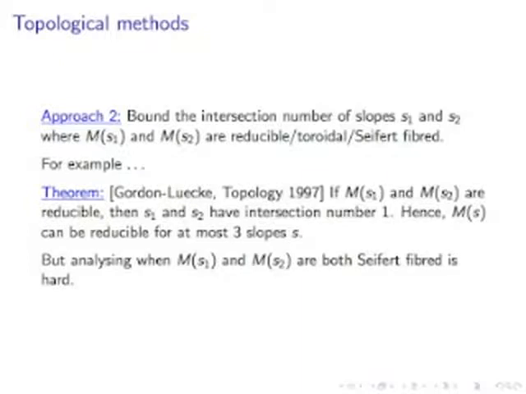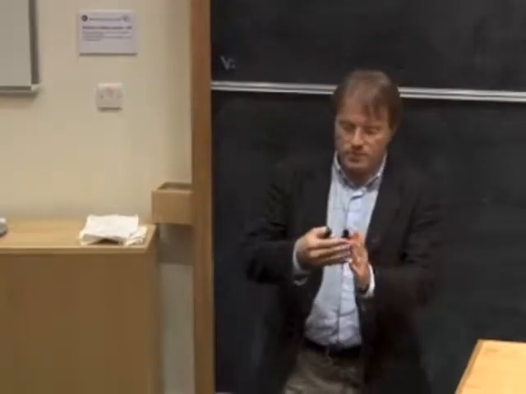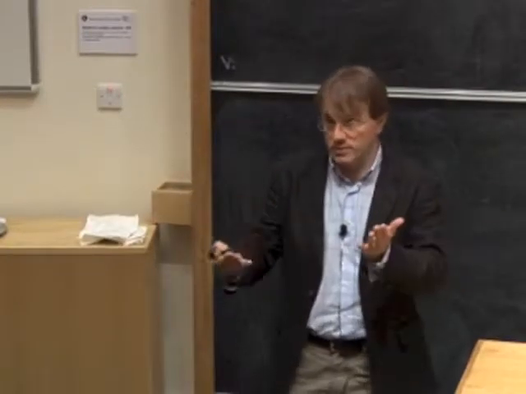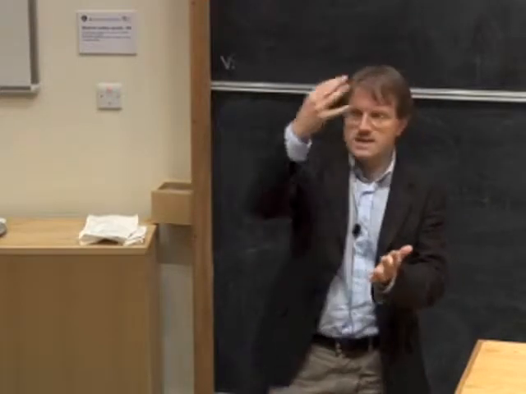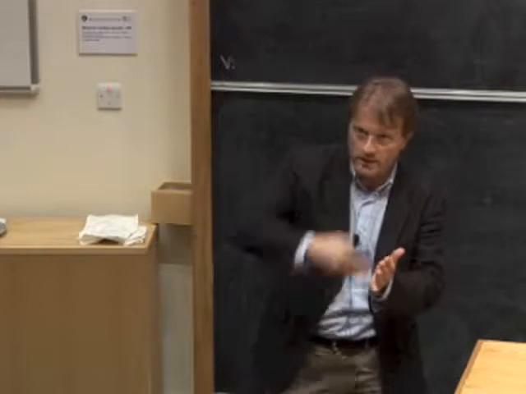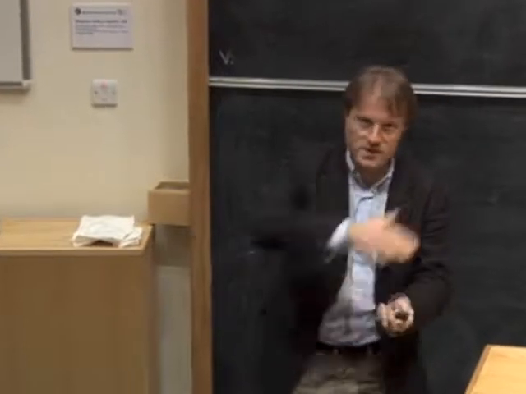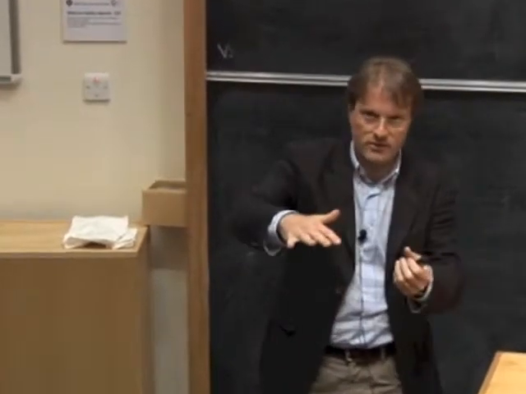So there's, as I say, a good deal of work being done this way on using this approach to the problem. However, when the manifolds are Seifert-fibered, things get difficult. You see, the way that the proof goes, for example in the reducible case, you have this essential two-sphere in one of the filled-in manifolds, and an essential two-sphere in the other filled-in manifold.